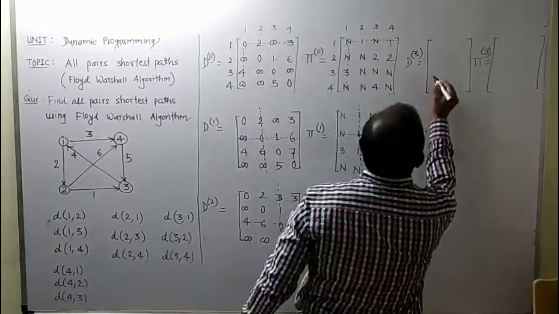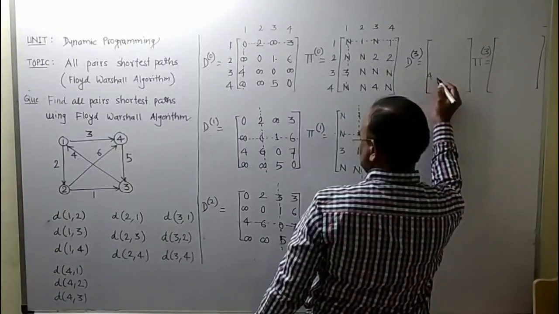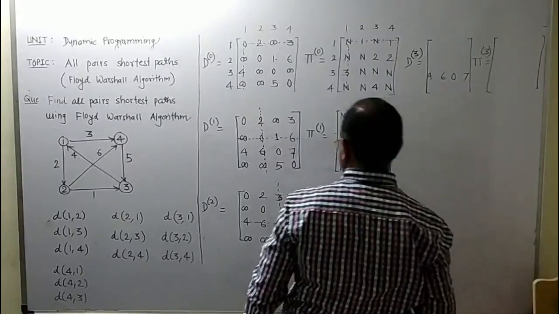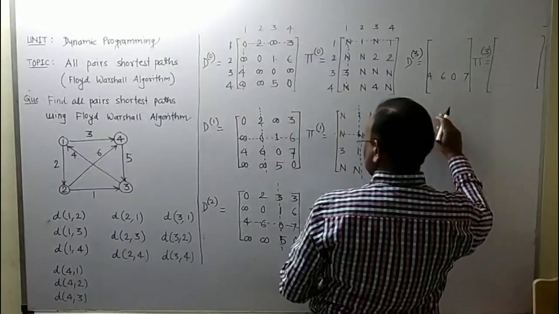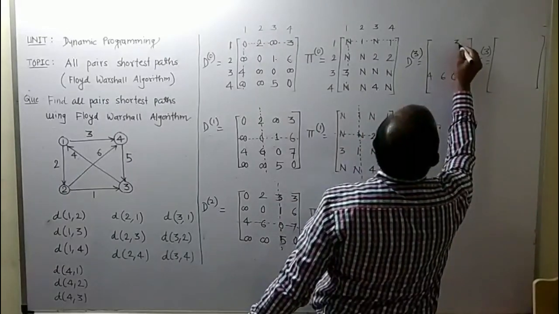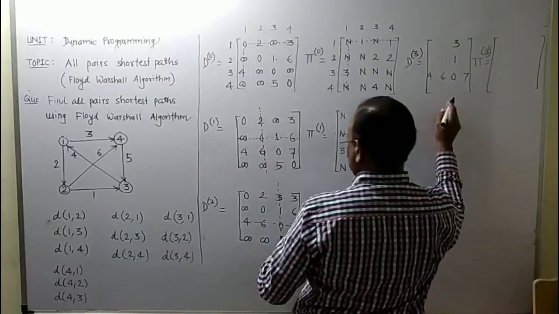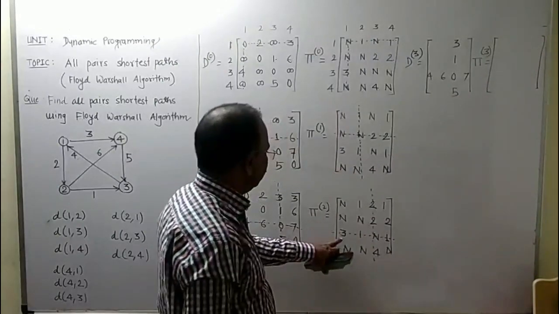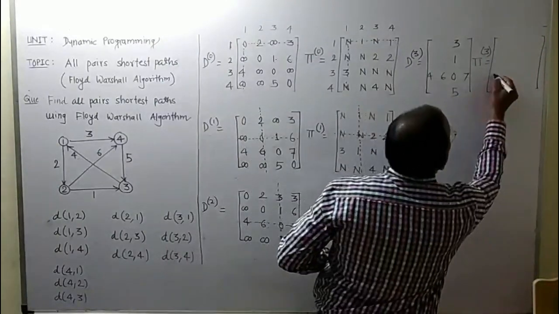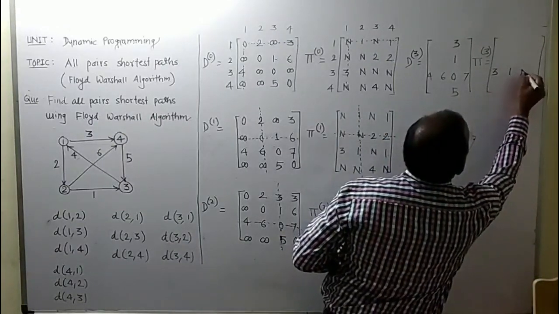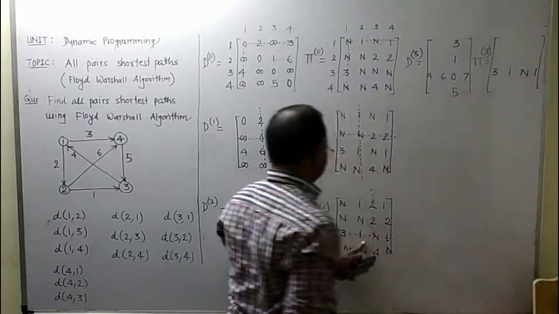So write here the 4, then 6, 0, 7. Here 3, 1, 0, 5. Now in pi 3, write 3, 1 and 1.